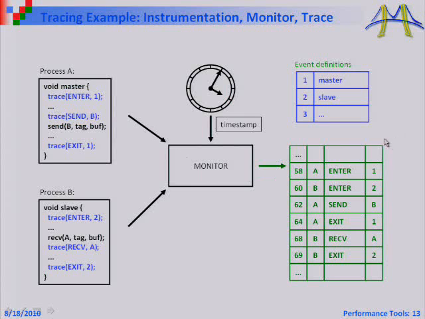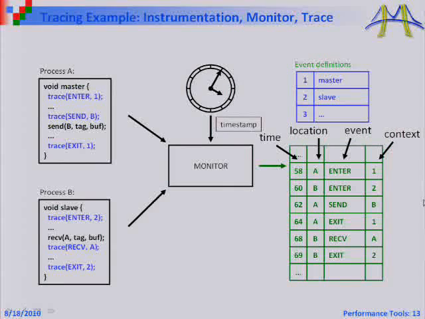On the right-hand side, you have the actual trace log, where you record the time when it happened according to a global timestamp, the location where it happened, the event that happened, and the context, which typically describes additional attributes of the individual events.